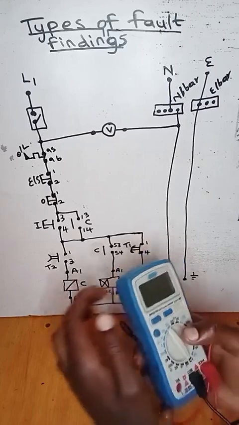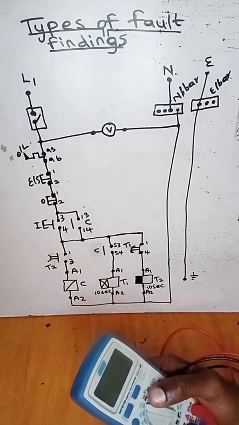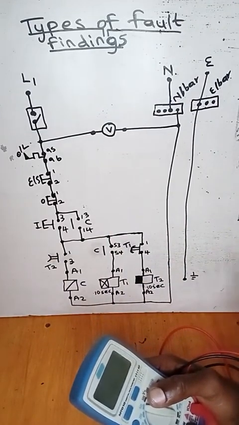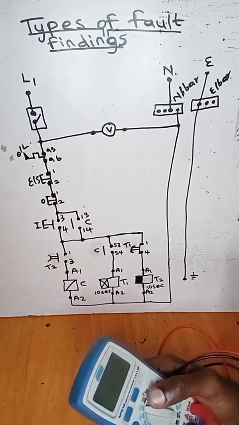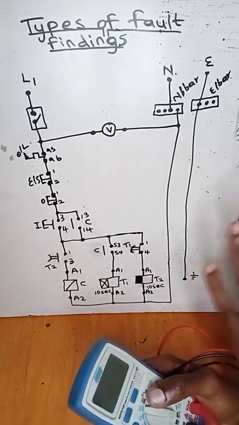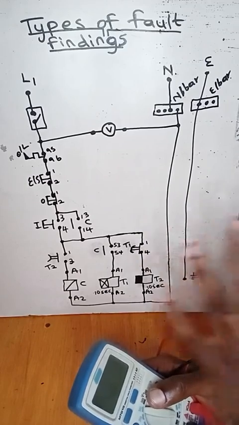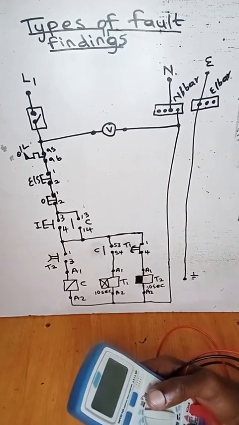continuity test. Our supply voltage will be off, because when we test our circuit, our supply voltage must be off, right? We shouldn't test when there is power in the circuit. You must make sure that everything is off and there's no power to the circuit, so that you can start to test your circuit.